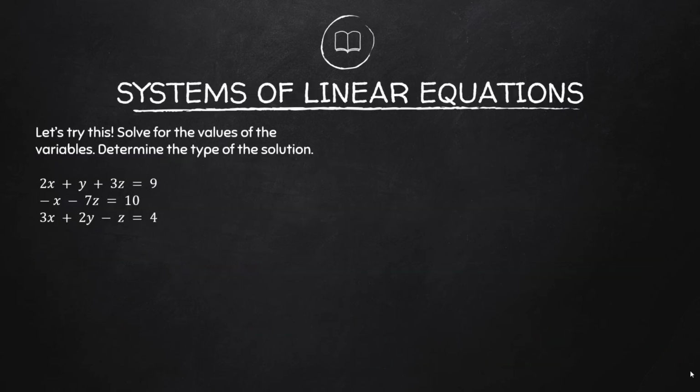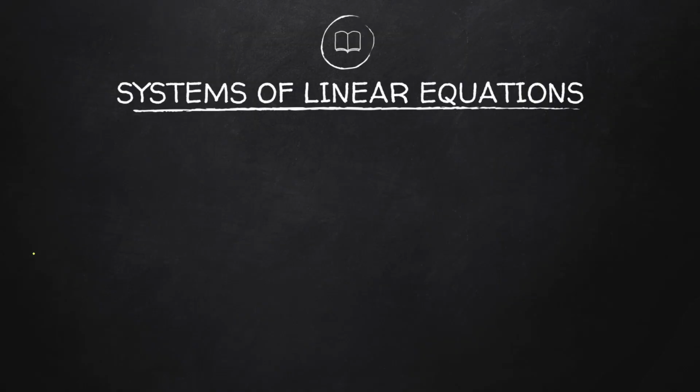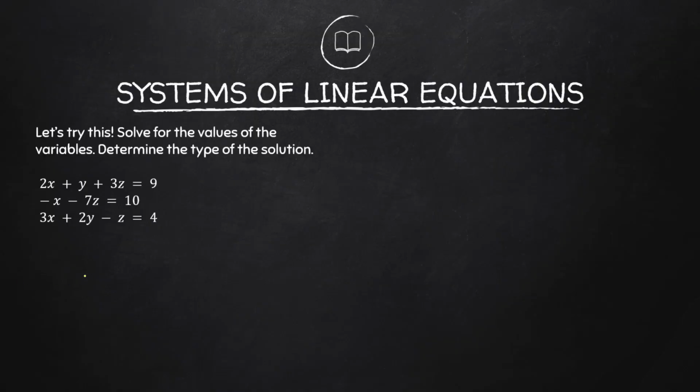So let's try to solve these systems of linear equations and determine the type of solution. So we have here three equations involving three variables. So notice that they are all in the first degree. All the variables in each equation are in the first degree. So this is a system of linear equations. So let's align the variables.